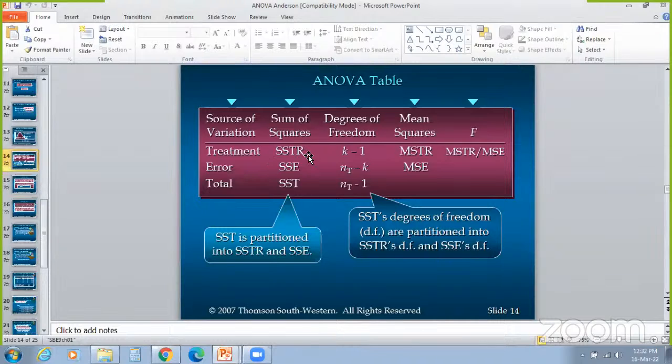They are generally called SSTR, SSE, and SST. You have different degrees of freedom for all these three. If you take the mean values, earlier we noted MSTR and MSE, and the F is MSTR divided by MSE. So the last column provides the final value for our F test.